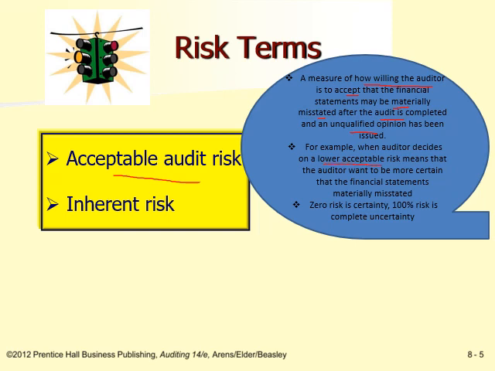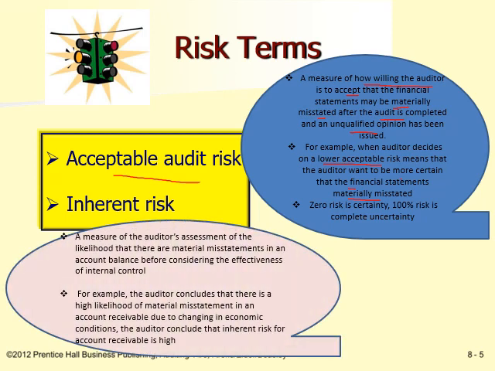So the acceptable risk is low. This means the auditor wants to be more certain that the financial statements are not materially misstated. Zero risk is complete certainty; 100% risk is complete uncertainty. That is acceptable audit risk: how willing the auditor is to still have an error in the financial statements. So acceptable audit risk becomes lower, which means they have to do more work in the audit process.